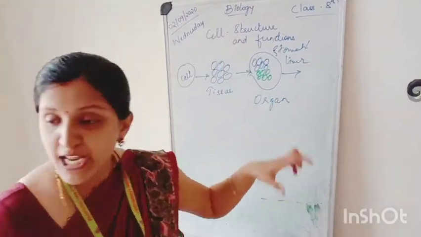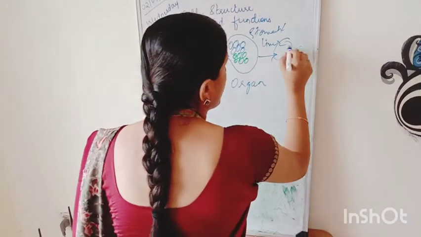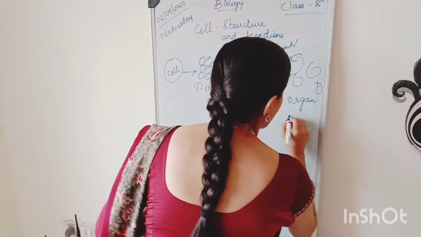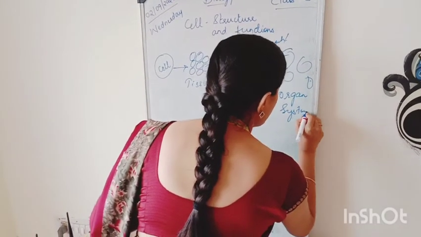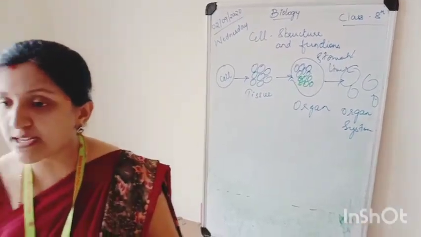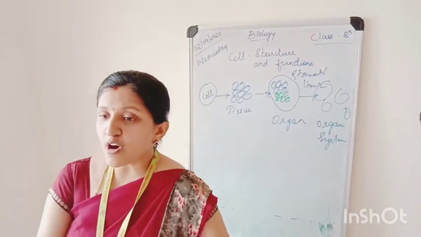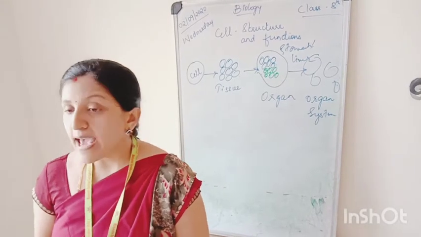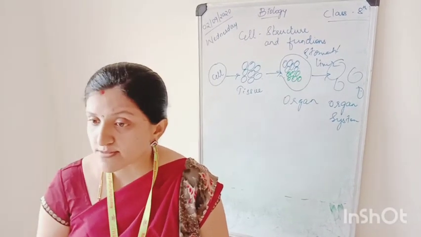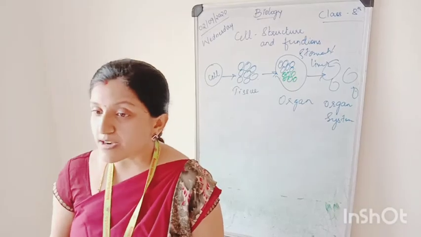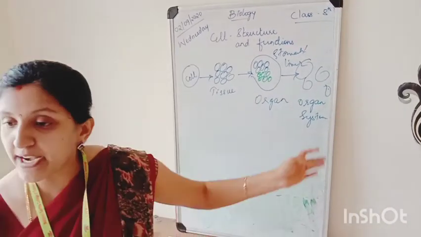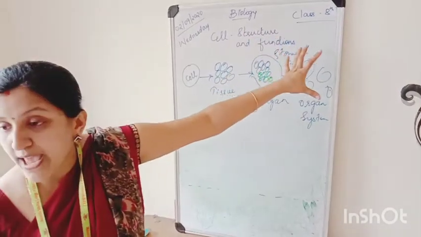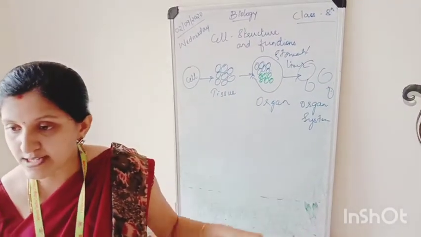Then next, many organs together form an organ system. What are the examples of organ systems? Different organ systems are the digestive system, respiratory system, excretory system, reproductive system, nervous system, circulatory system. Many different systems are there in our body. These organs together form different organ systems.